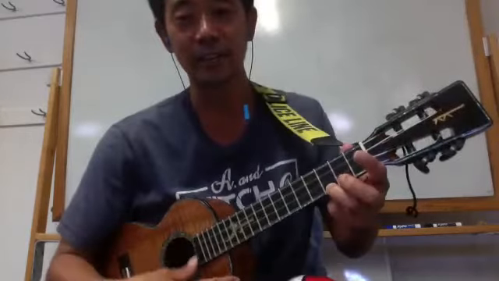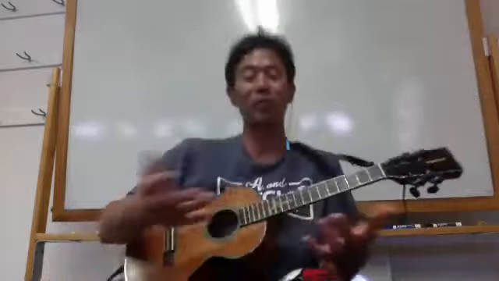So having these colors in there. Add the F, keep the B. It just sounds a little bit more romantic, it gives it something a little different from just your regular C chord.